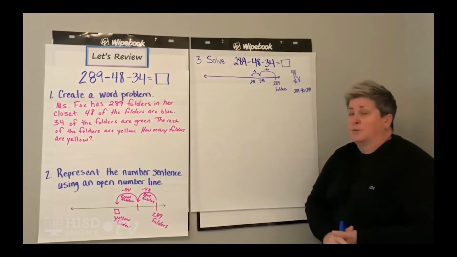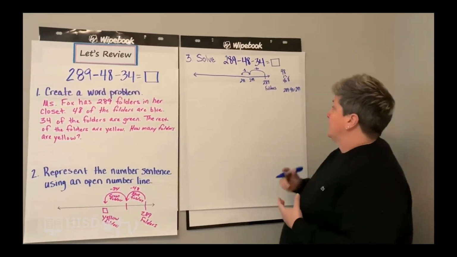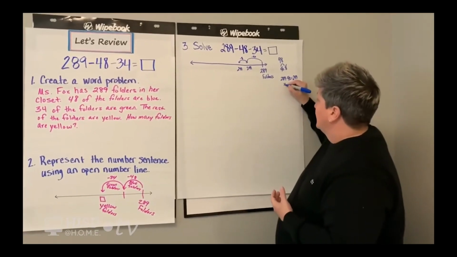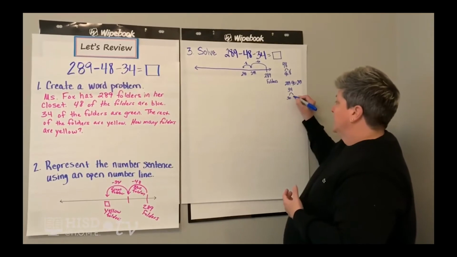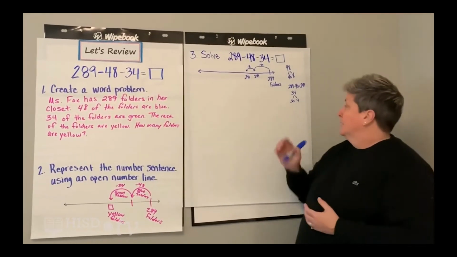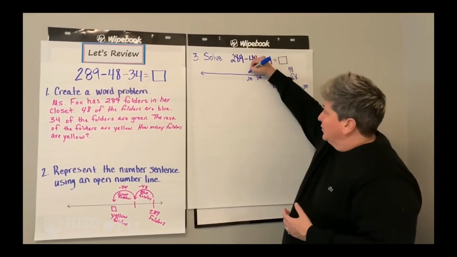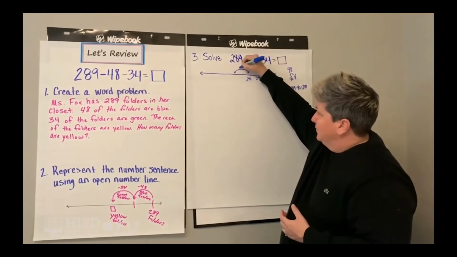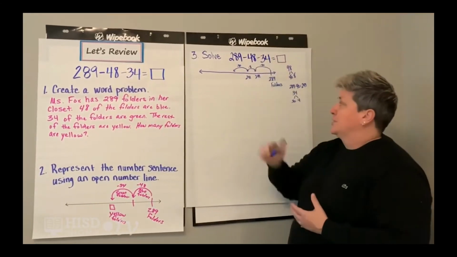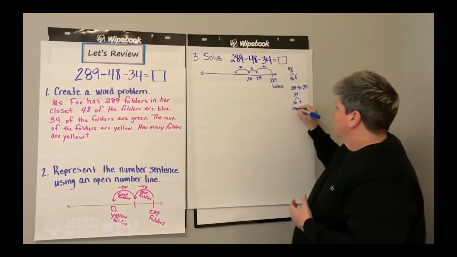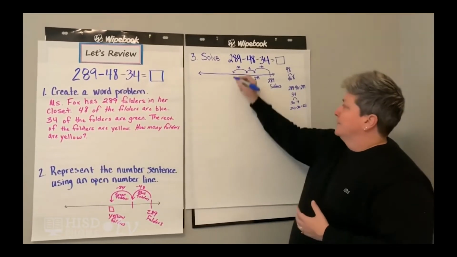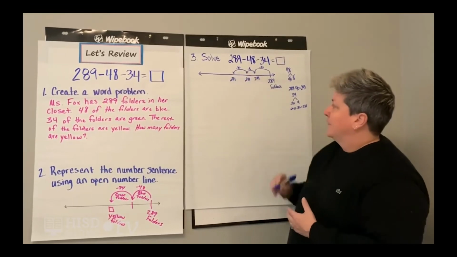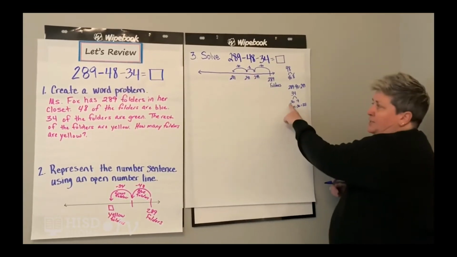So now that I'm at 241, I'm going to do the same thing. Now I'm going to take 34, and I'm going to decompose 34 into 30 and 4. And I can take away a group of 30, because 241 minus 30 is the same as 211. And then I know I need to jump back 4.